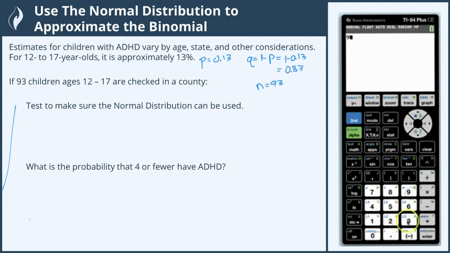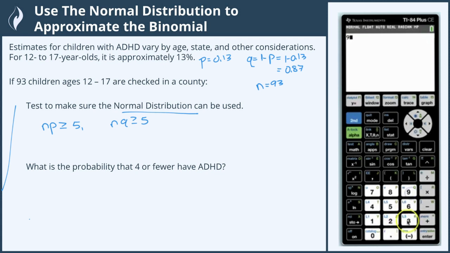Now, they don't always ask you to test to make sure that you can use normal distribution approximations, but in some cases they'll describe that portion of it. Technically, we should always be checking that NP is greater than or equal to 5 and NQ is greater than or equal to 5. These two have to be true in order for us to use these methods.